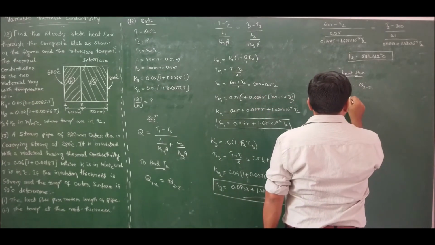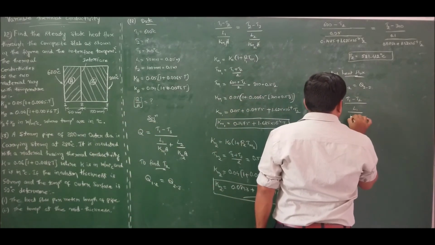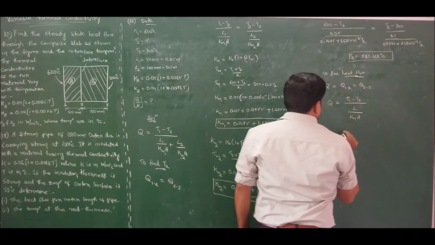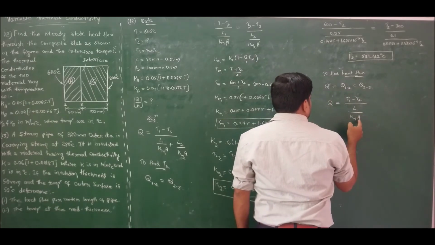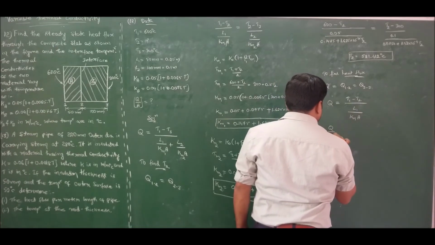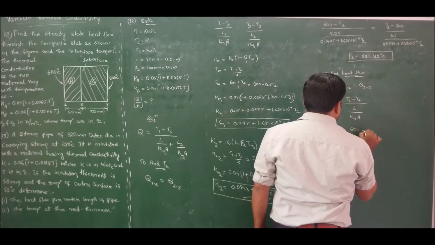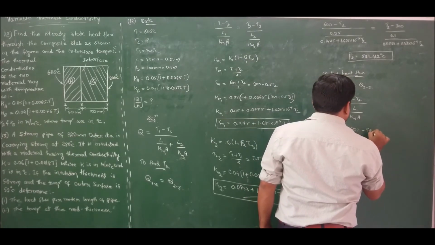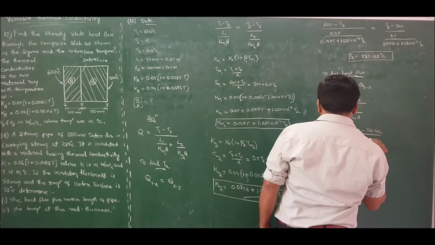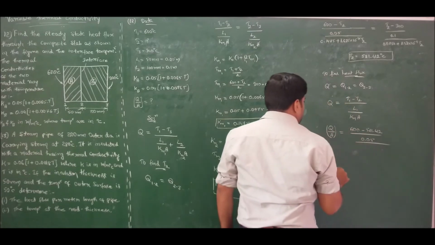So it is (T1 minus T2) by the resistance of slab A, which is L1 by K mean 1 A. Since area is not given and we are asked to calculate the flux, send area to the left hand side, and it will become Q by A equal to (T1 is 600, T2 is 521.412) divided by (L1 is 0.05 divided by K mean 1).